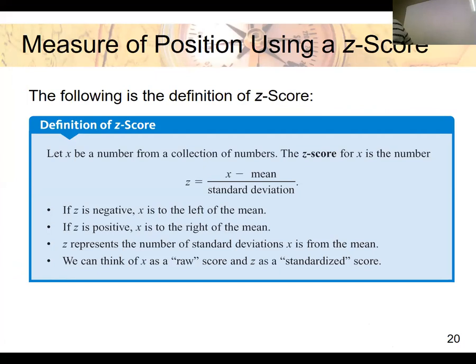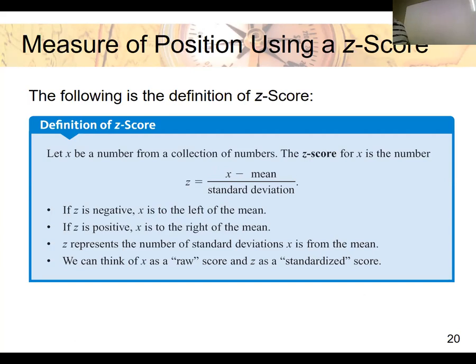The z-score for x is z equal to the individual data value minus the mean, divided by the standard deviation. A z-score, or standardized score, represents the number of standard deviations that particular x value is from the mean. The x is just a raw score, and the standardized score would be z.